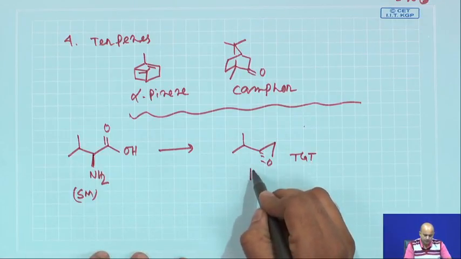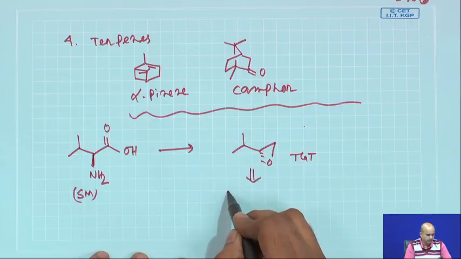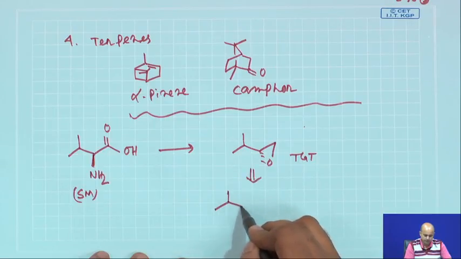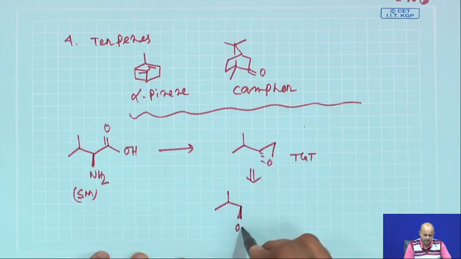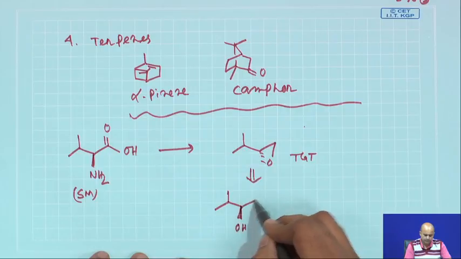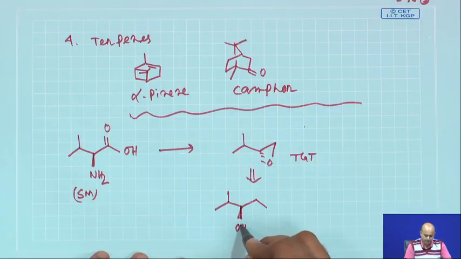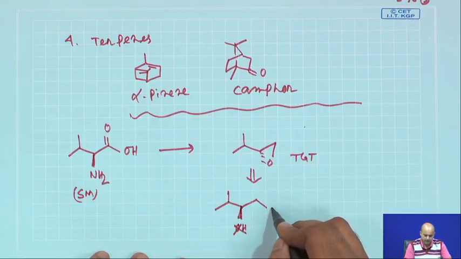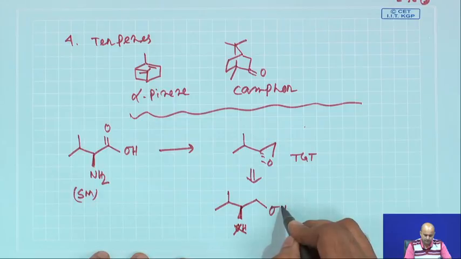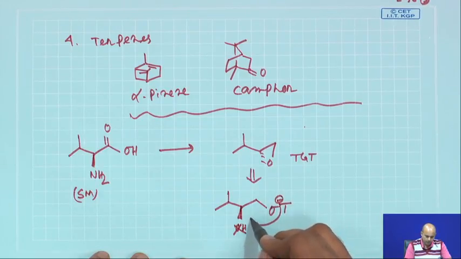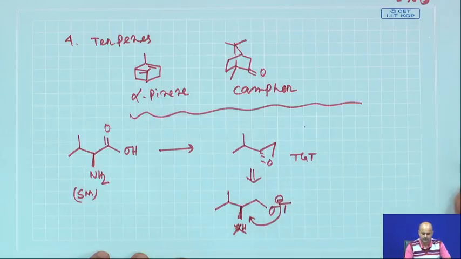Now, a simple retrosynthetic pathway you can probably think about: if you have some leaving group like this, or maybe you can put a leaving group here and put O minus here, you can immediately close this ring with an inversion of configuration.